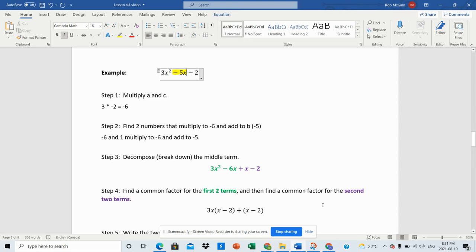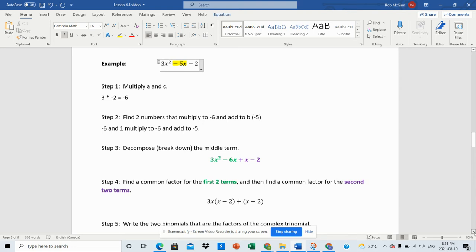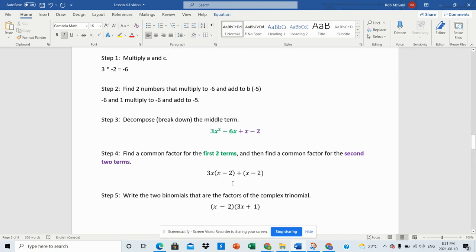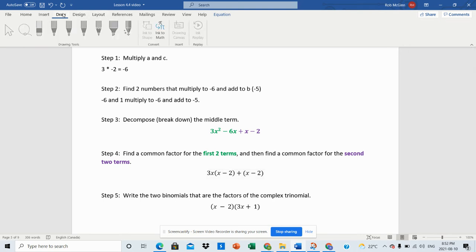That's perfect because in our final step, we're going to pull x minus 2 out of both of these terms because it's common to both of them. So we're going to common factor that. So we'll have x minus 2, and then that's multiplied by 3x plus, remember this is a phantom 1 there.